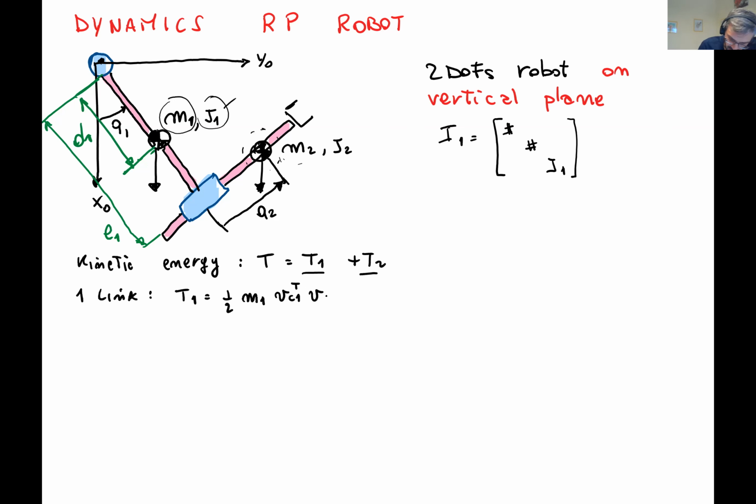We can split this way the kinetic energy due to the linear, translational motion from the kinetic energy due to the rotational motion. This is the velocity of the center of mass of link 1, plus 1/2 omega 1, the angular velocity of link 1, times I1, times omega 1.